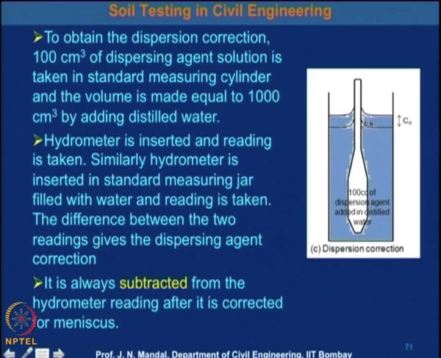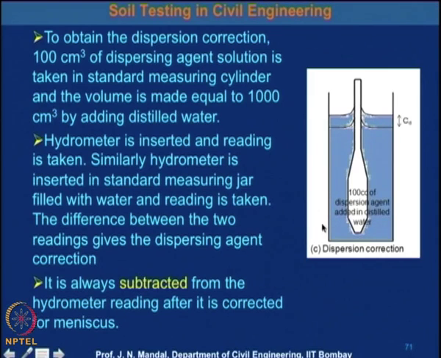This hydrometer reading is compared with the reading when the hydrometer is inserted in a standard measuring jar filled with water. The difference between the two readings gives the dispersing agent correction.